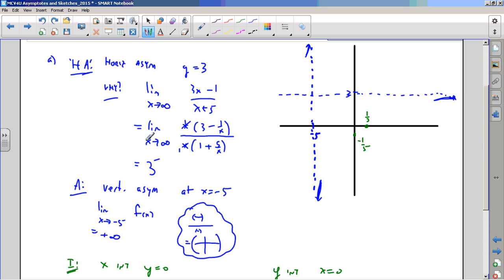I never evaluated the behavior of this function when x went to negative infinity, but I have a feeling it's going to do this. And that is my first guess. I'm going to still work on this and add to it and reassure myself that this is exactly what's going on. But I have a pretty clear picture. But let's keep going.